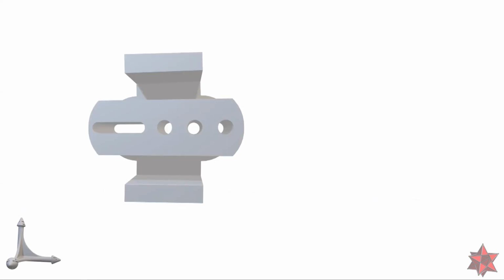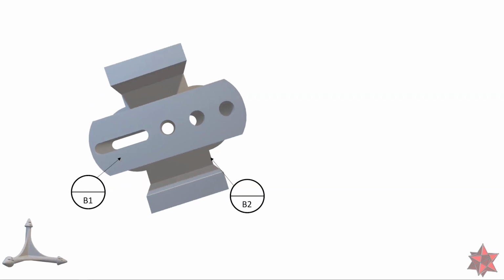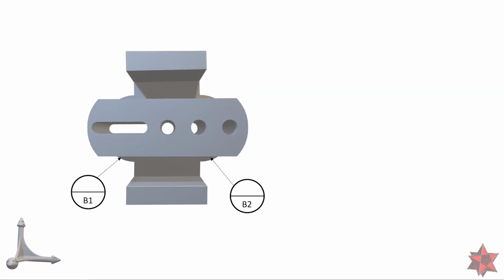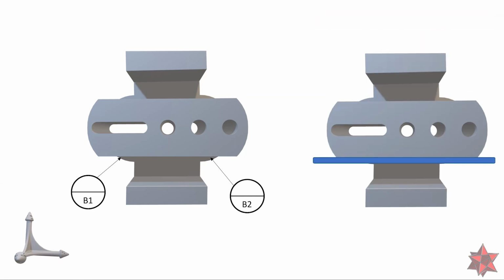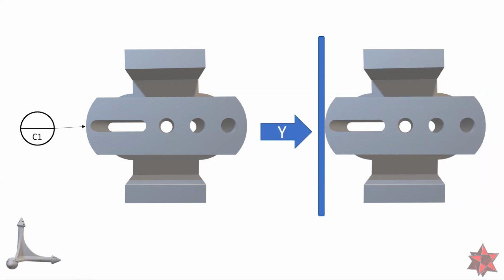Then the next 2 points, B1 and B2, will determine the rotation around the Z axis, or the XY plane, use it as you prefer, and the translation on the X axis. Then with the last point, C1, we will determine the origin on the Y axis. And in these specific cases, a precise alignment is nearly impossible without an iterative alignment.